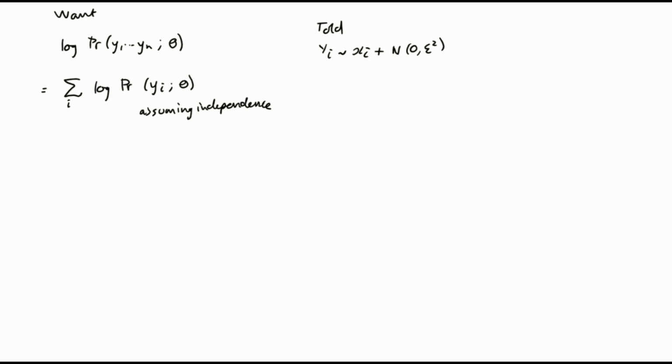There's nothing in the question here which says assume they're dependent, assume they're related to each other, other than via the unknown parameter theta. So we will go ahead and assume independence, and we'll write down the assumption we're making. The other thing I'm going to do here is I'm going to just say little yi is drawn from distribution big Yi.